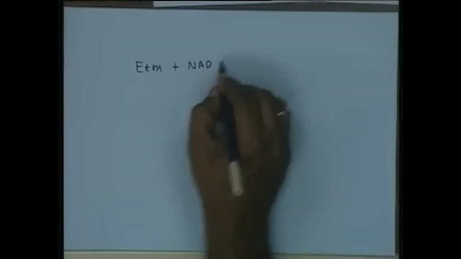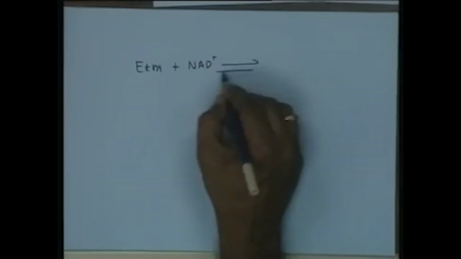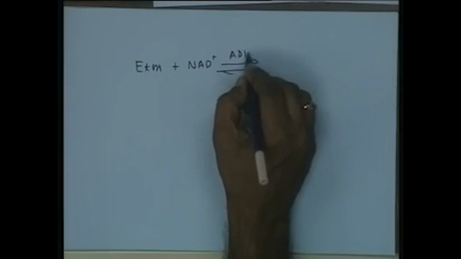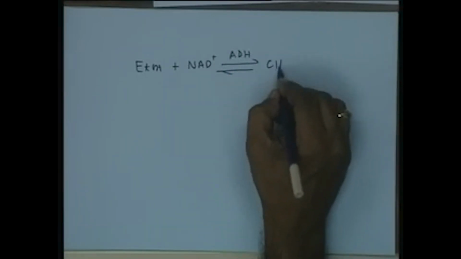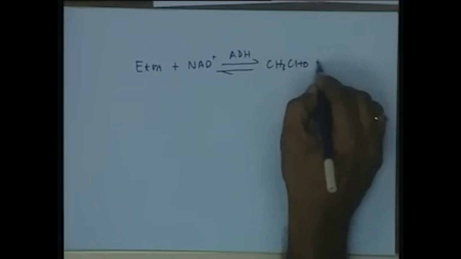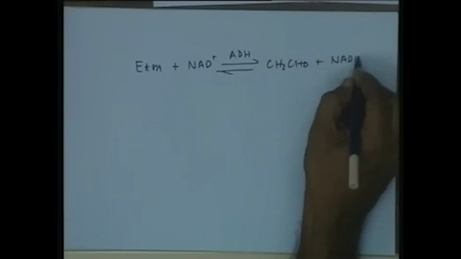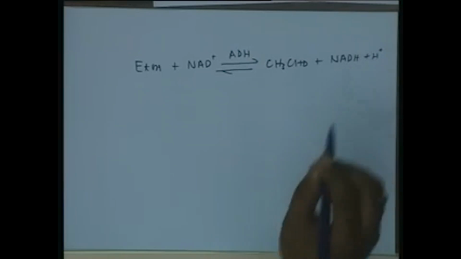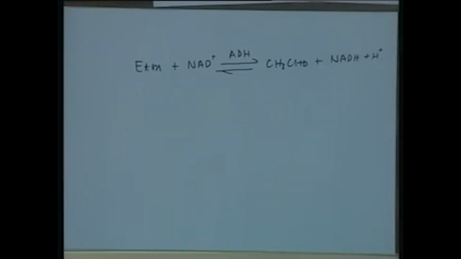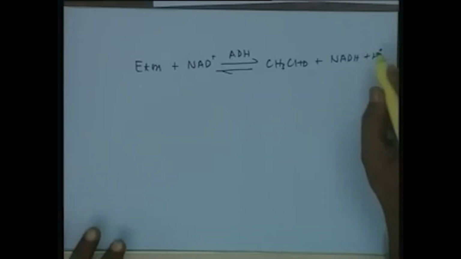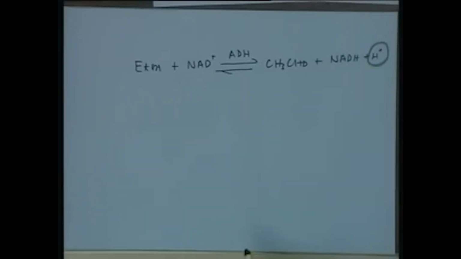If you take, for example, ethanol oxidation by alcohol dehydrogenase forming acetaldehyde plus NADH plus H+, the concentration of the hydrogen ions can be regulated by the pH of the environment.